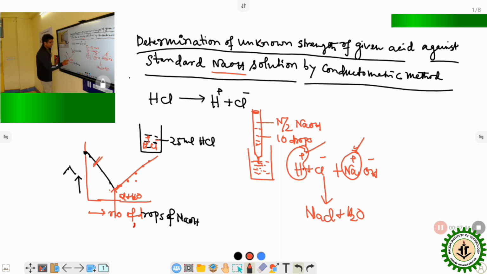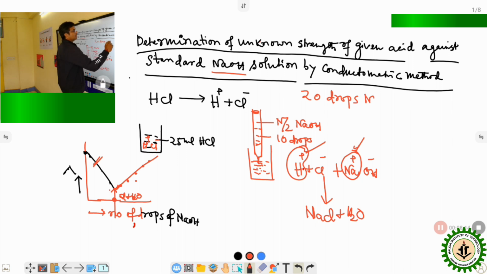Now if we draw a line perpendicular to the number of drops of NaOH axis, we can get the drops of NaOH required to neutralize the given acid solution. We can count these drops of NaOH required for complete neutralization. It is found that 20 drops of NaOH correspond to 1 ml.